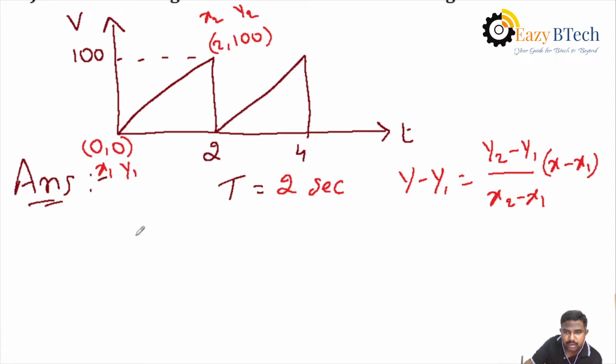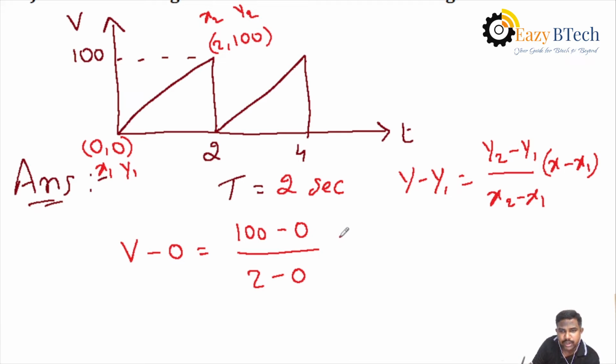Here y is the variable v, y1 is 0 and y2 is 100, x2 is 2 and x1 is 0, and x is t.